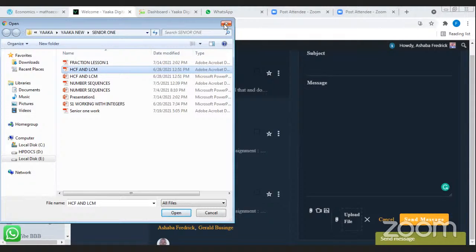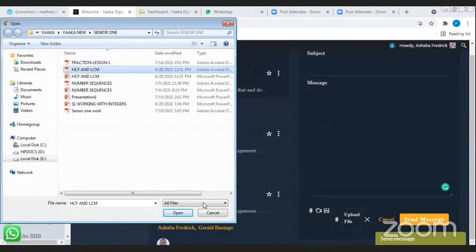So anytime you feel there is something you need to cover, just let me know on the WhatsApp group. Maybe you can send me a private message, then we arrange and have help in an area where you need to be helped.